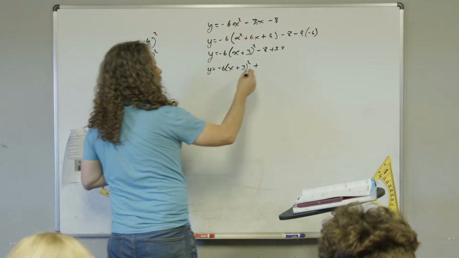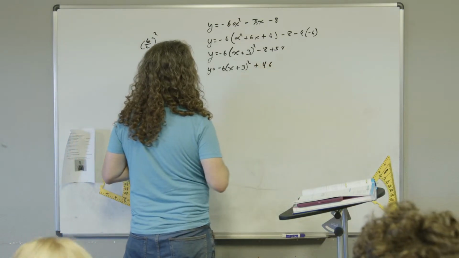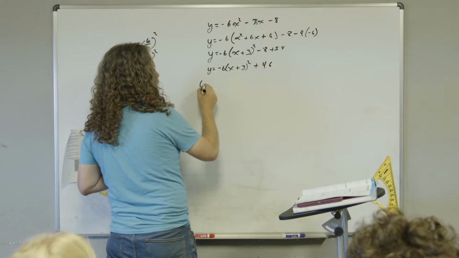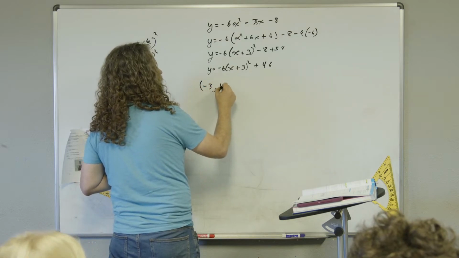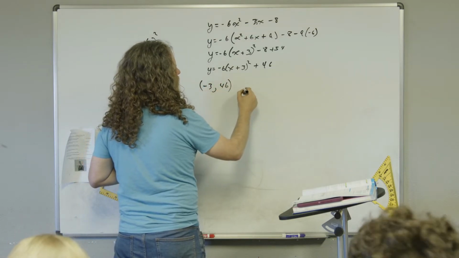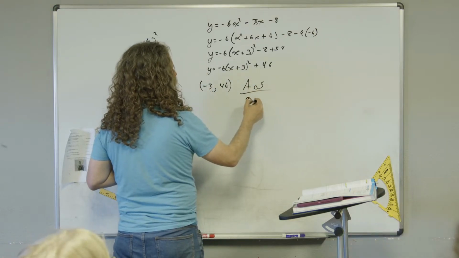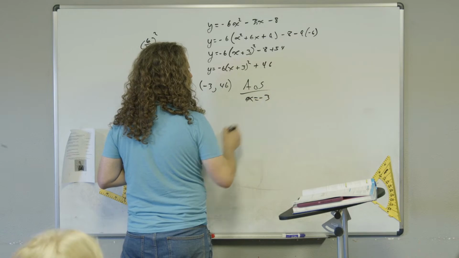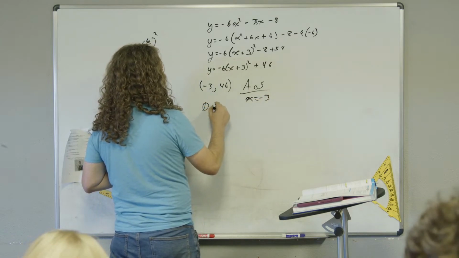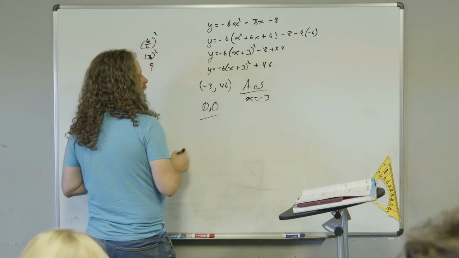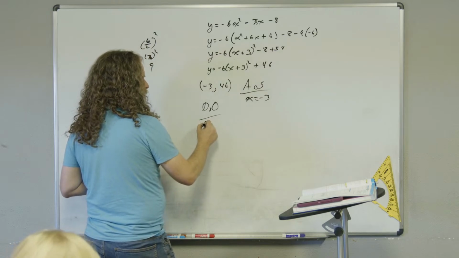So the vertex is at negative 3, 46. Axis of symmetry is at x equals negative 3. Direction of opening is down.